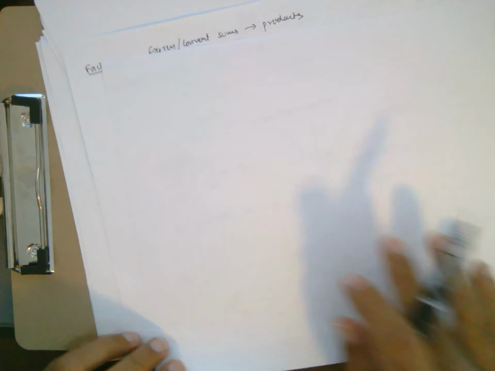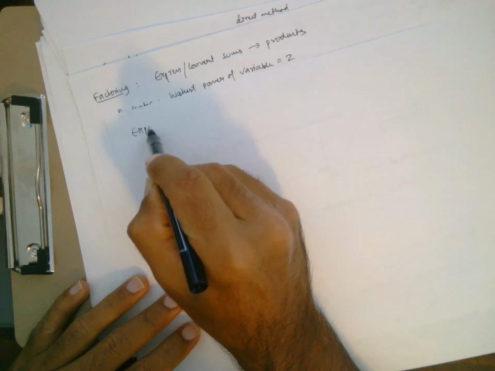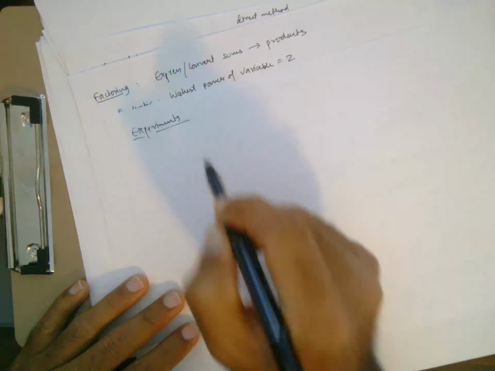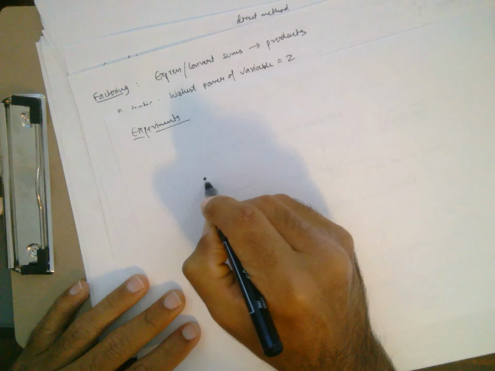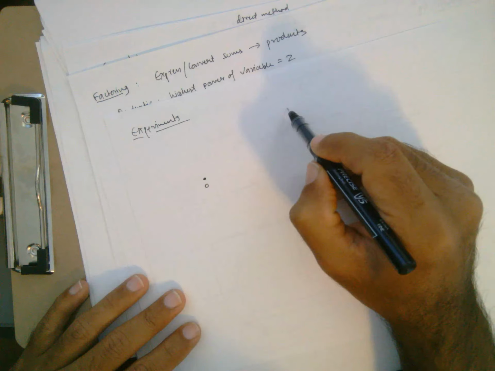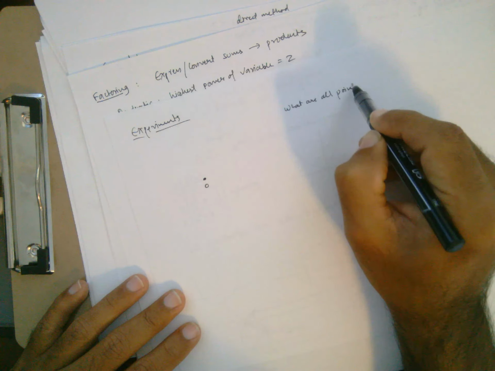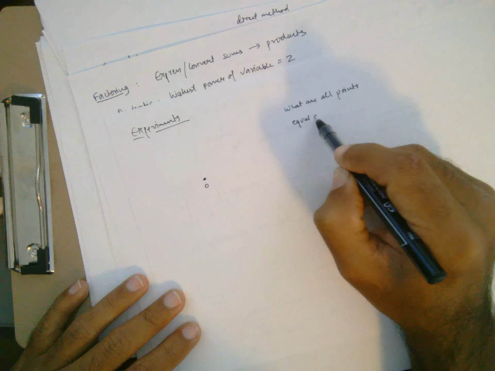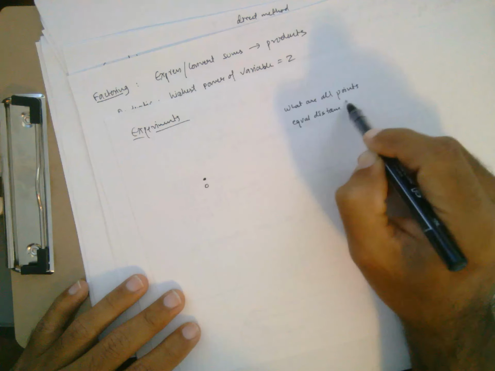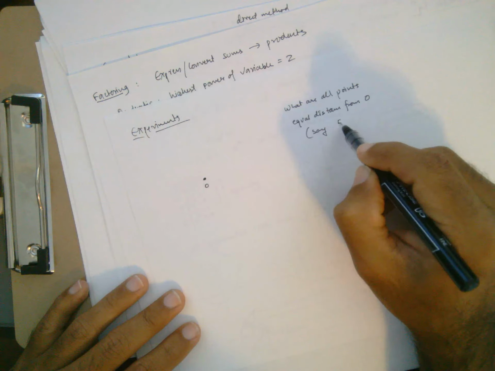And one last thing, there's also a very neat way in which parabolas are created in nature. These are just some experiments. Let's say I fix a point right here, a point O, and I ask what are all points equal distance from O. Say 5 centimeters.